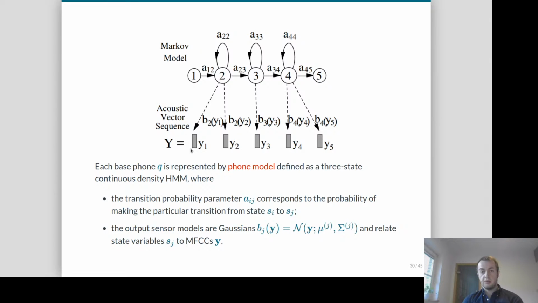So finally, we would define how these Y vectors are related to our words, except that we would associate them at the level of states of our phone models. So at the beginning, the very first part of the word could emit, for example, Y1 or Y2 vectors.